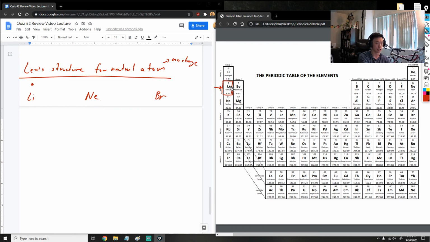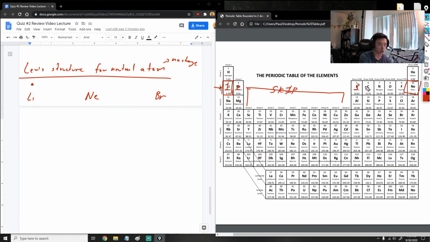Okay? And you can check this with the shell model if you want to, but when you have a neutral atom, it's really easy to draw a Lewis structure. All you need to do is figure out which box it's in, and that gives you how many valence electrons there are. So let's look at neon. Neon is all the way here. But if we just count the boxes to get to neon, so we have box 1 here, box 2, and we skip this, if you guys remember from the previous lecture, we skip this section right here.